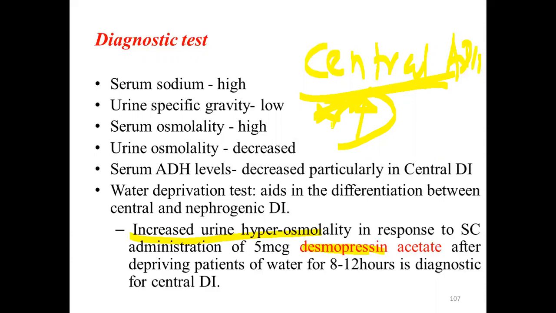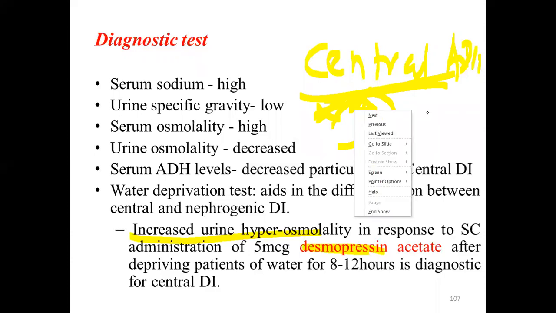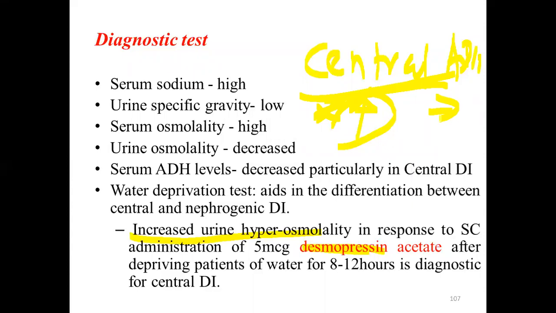So you don't see any change in the osmolarity of the urine from baseline, or we can say a reduction in the osmolarity of the urine is the major finding. So osmolarity increases in central DI, but on the other side, the urine osmolarity will be reduced. That is the major finding and how we differentiate between central DI and nephrogenic DI.